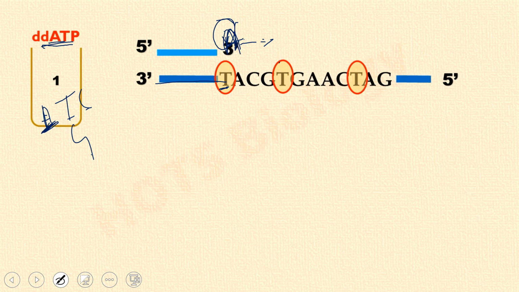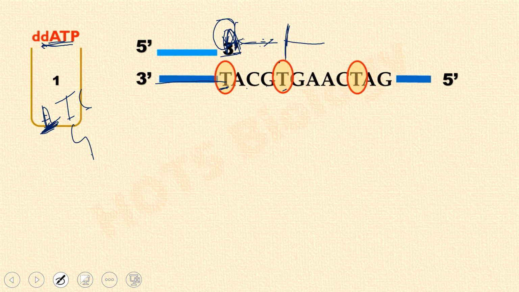Similarly, if the normal adenine has been added at this place, the chain goes further, because normal thymine will be added, normal guanine will be added, normal cytosine will be added. After that, again two options: either the normal adenine or the dideoxy adenine. If normal is added, the chain moves further, but if dideoxy is added, the chain is terminated there.